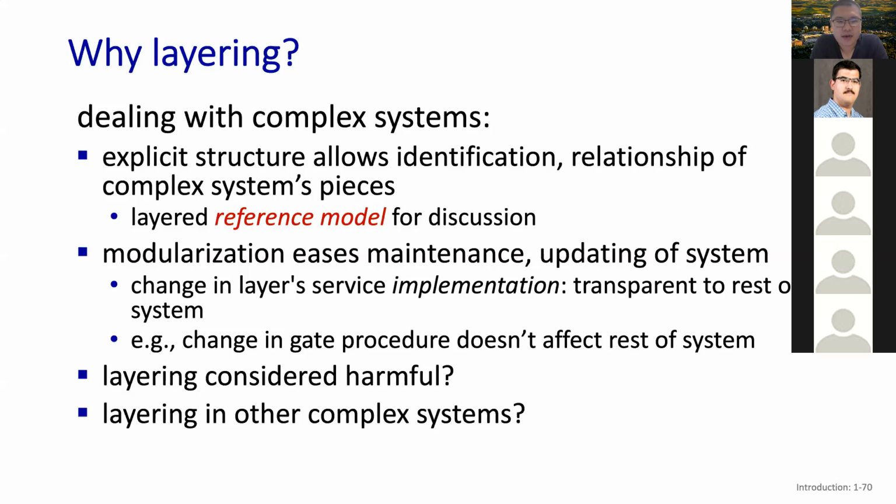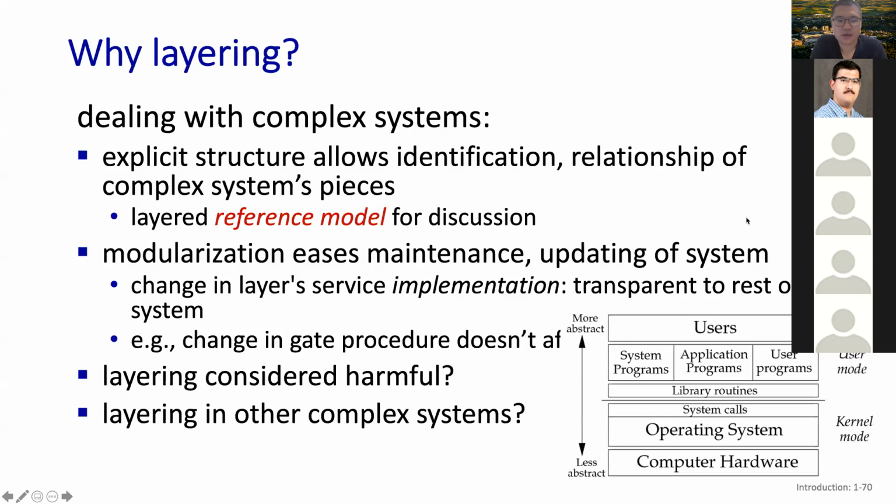We can modularize each service with each layer, and we can easily maintain and update a layer transparently to the other layers and services. So it's a good way to implement a complicated system, whether a networking system, operating system, or computer system. This is a commonly used strategy in computer system research.